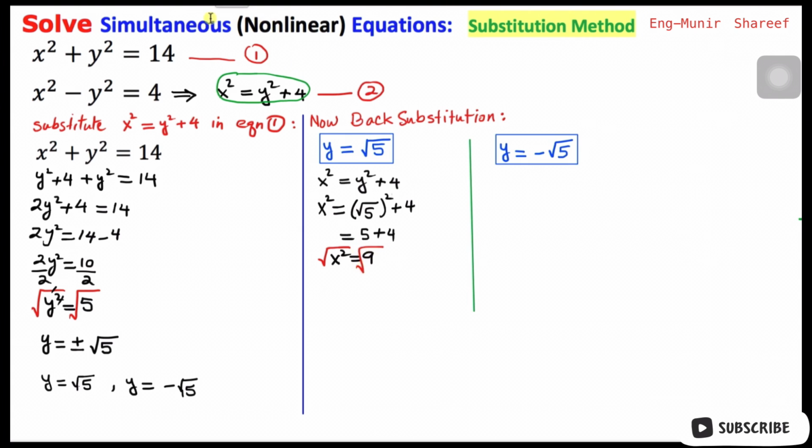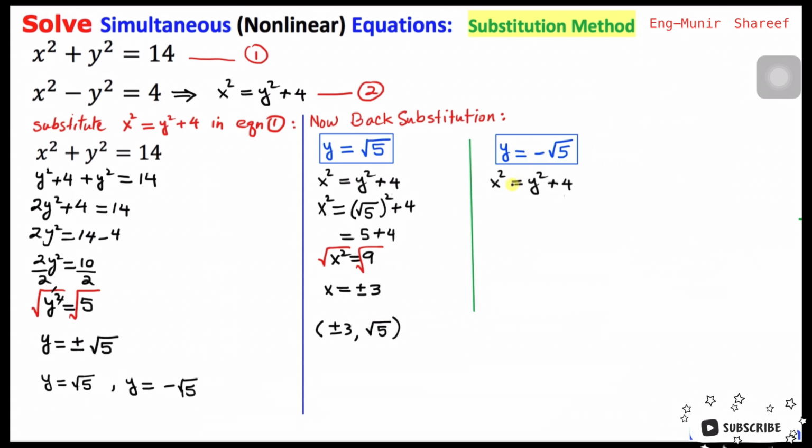So we got x equal to positive or negative 3. Thus our solution set for this y value is x is positive or negative 3, comma, y value is square root of 5. Once again, this is our x value and this is our y value.